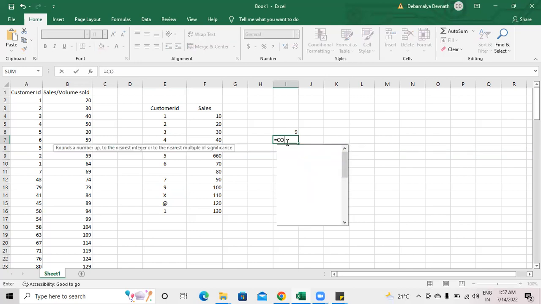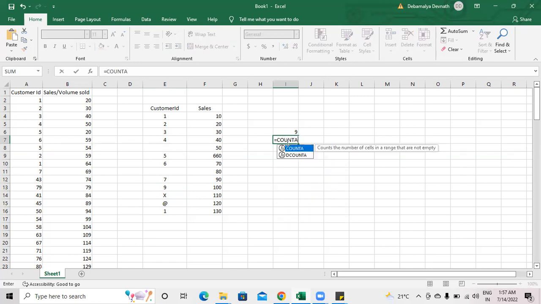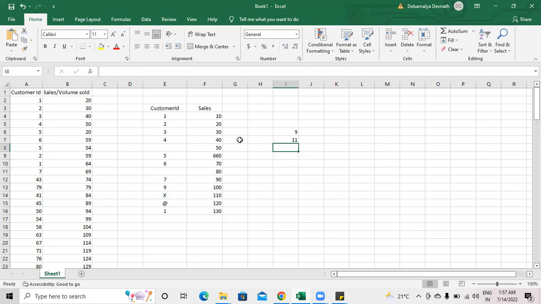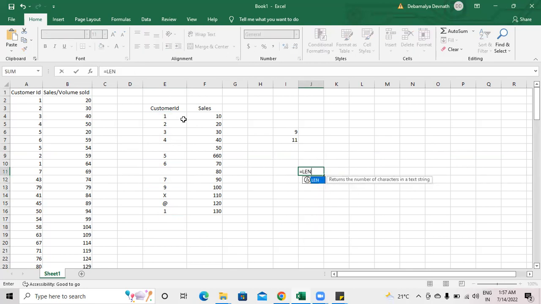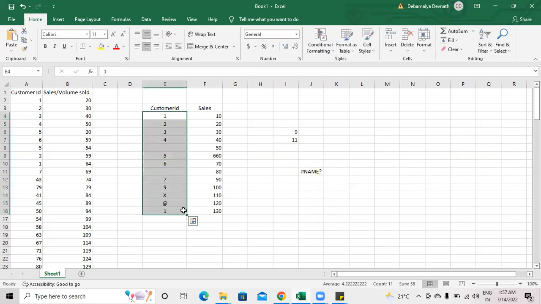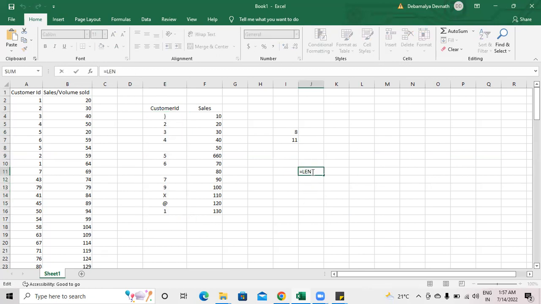Similarly, COUNTA will read all the items present in this row except the blank. See, it's 11. Let's see what is the length of the rows. Equal to LEN. Sorry, equal to LEN.